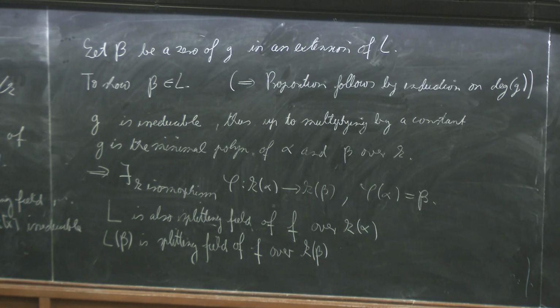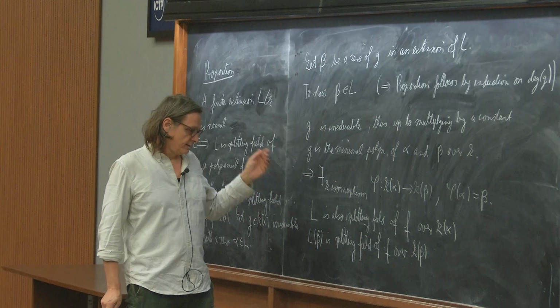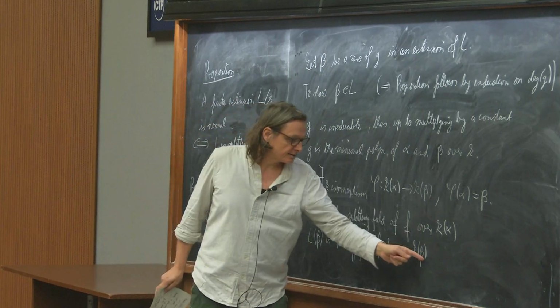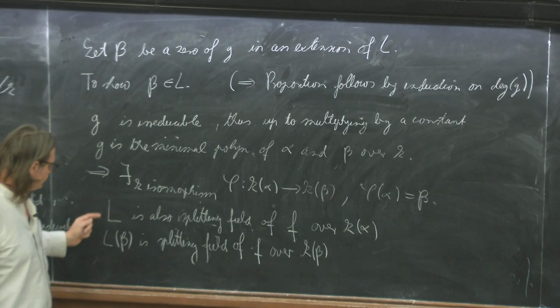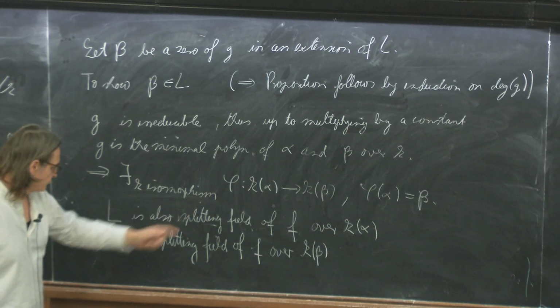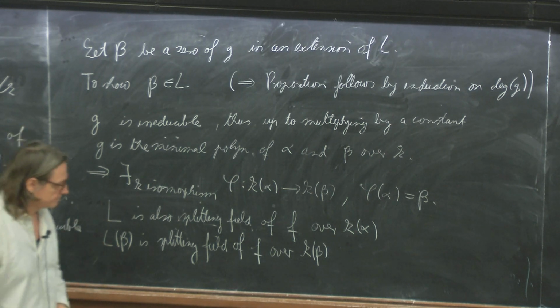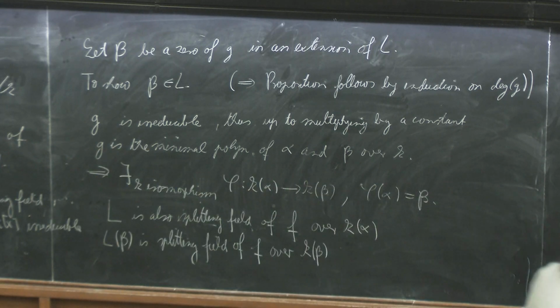And now this will lead to our conclusion, because these two fields are isomorphic, and we have these two different splitting fields. So we can extend this isomorphism to these splitting fields, so these two fields will be isomorphic, and this will imply that beta is in L. Okay, let's do it.